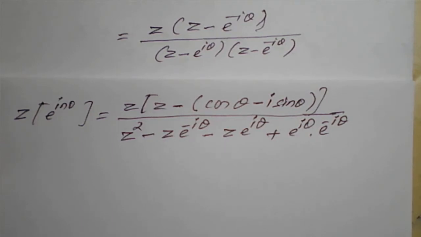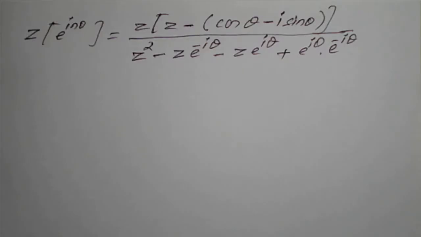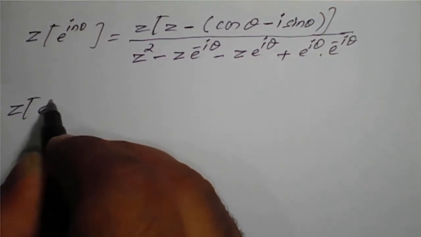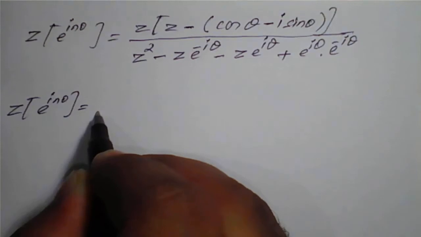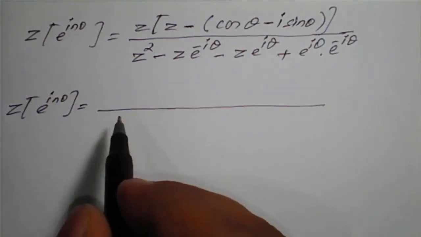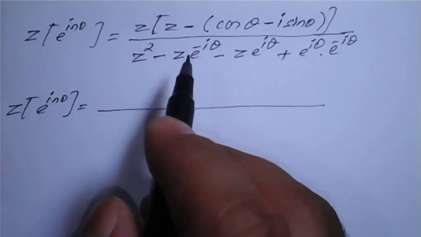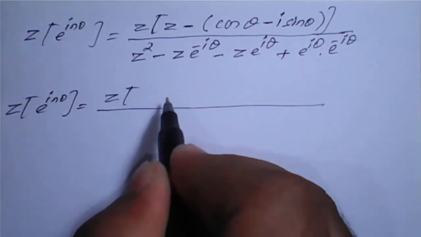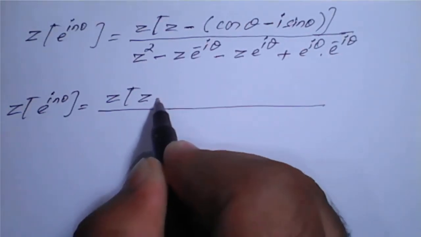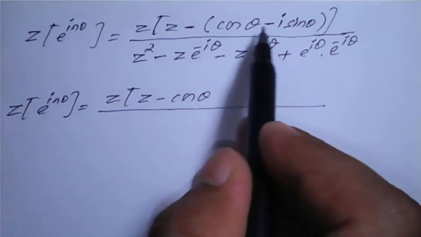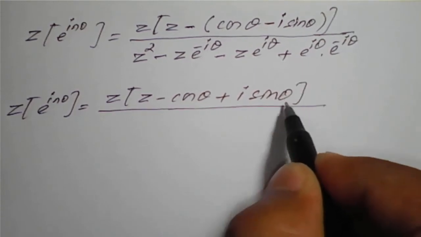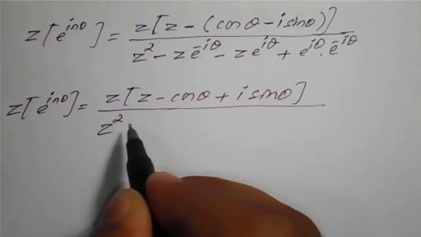So again on more simplification, which is nothing but z transform of e raised to I n theta is equal to, now open the bracket, z into, in the bottom bracket, z minus cos theta minus minus plus I times sine theta, denominator z square.